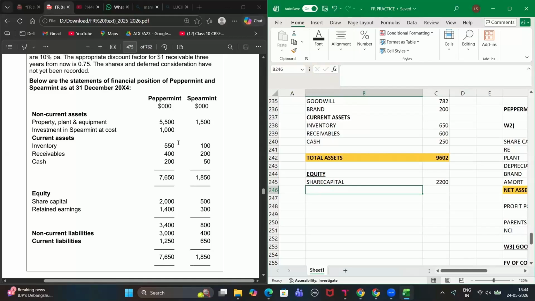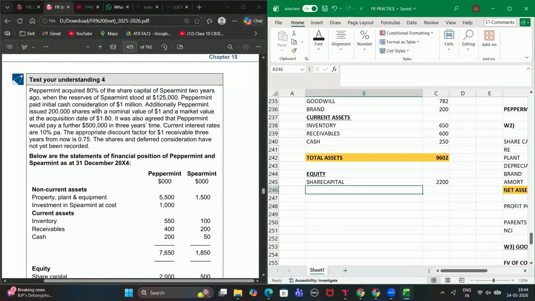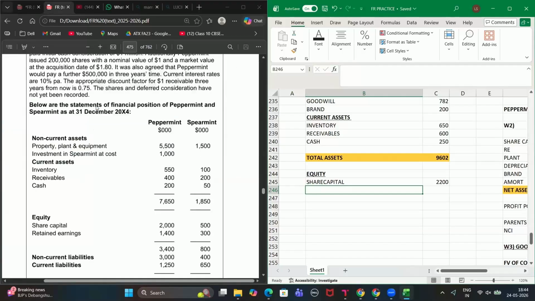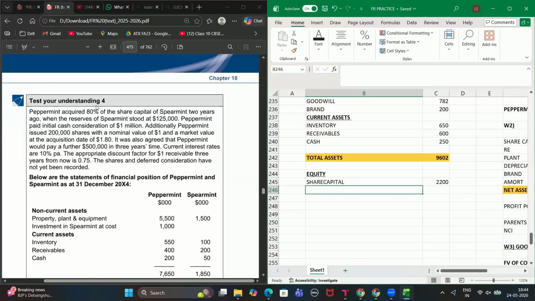Nominal value is 1. How much was the market value? Let's read the question. 1.8. So 200 into nominal value, that is 1, is shown in share capital. But what else is remaining? Have we shown this 0.8? No, right? So we have to show share premium.